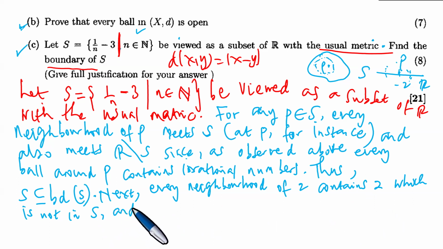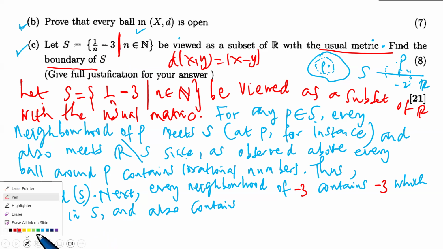And also, here I want to say every neighborhood of -3 contains -3, and -3 is not in S, that's what I want to say.